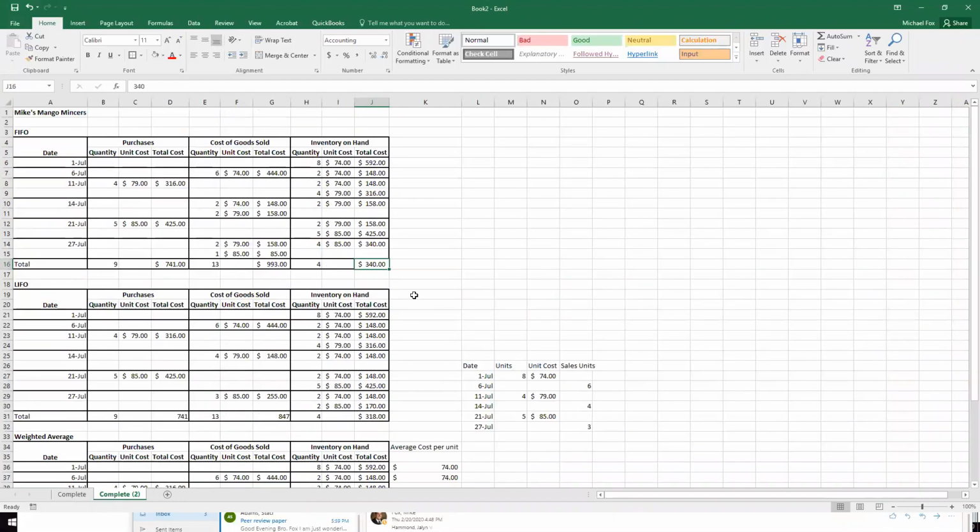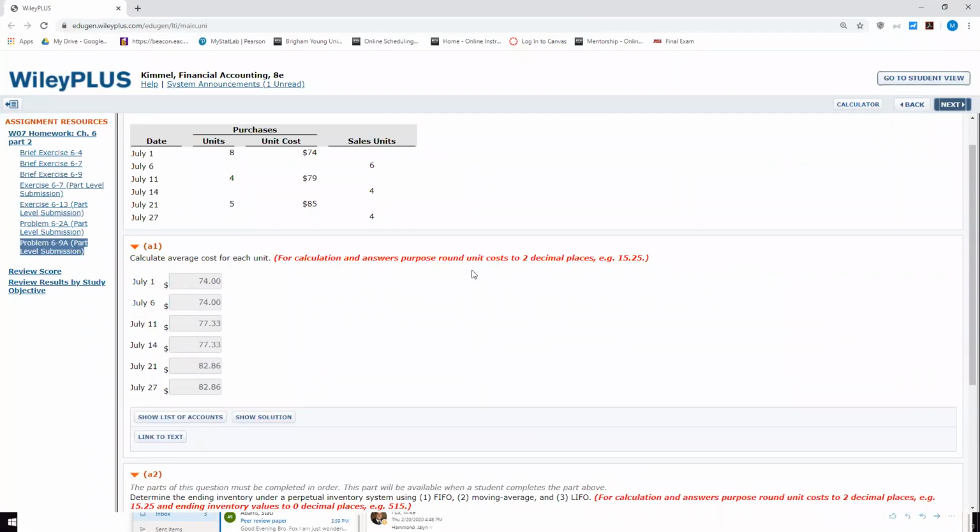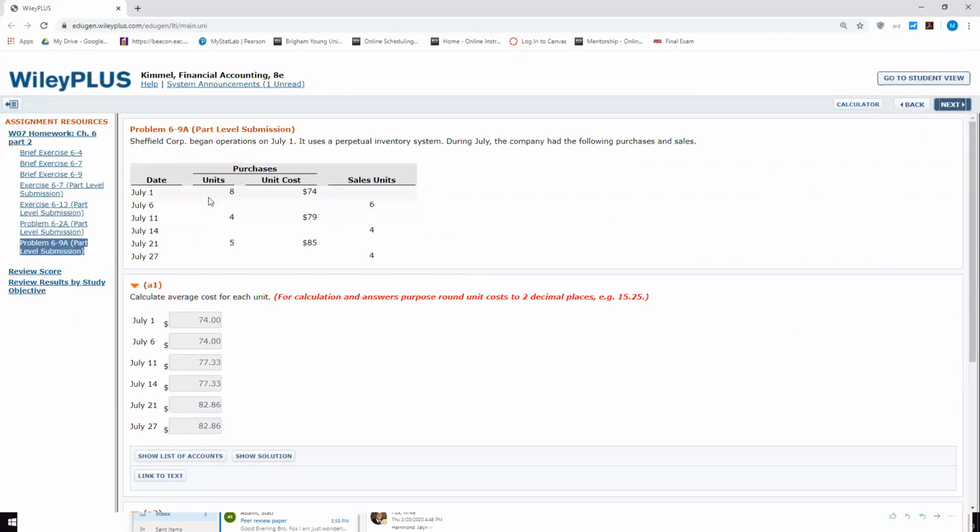You might do it a little quicker than me, because really all you have to do at the end is say, which units do I still have? Instead of laying it all out in a spreadsheet like I did to be more conceptual, you could say, I have 8 at 74. I sell 6 of those, so now I have 2 at 74. I purchased 4 at 79.